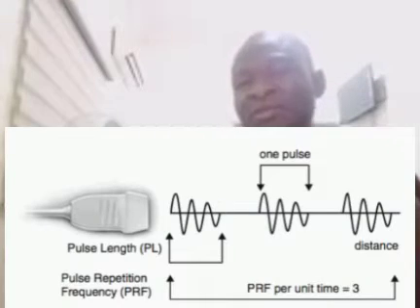Remember when we were talking about the pulser in the first lecture? I told you how it releases bursts of voltages. So that creates the pulsatile nature of the sound wave that is produced. So that's pulse wave ultrasound.